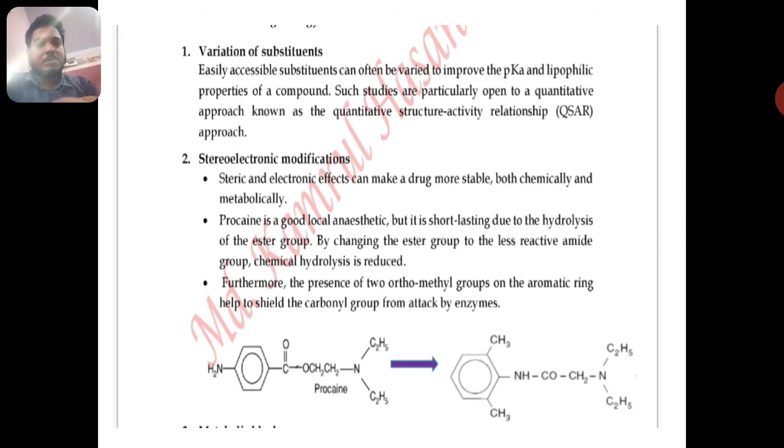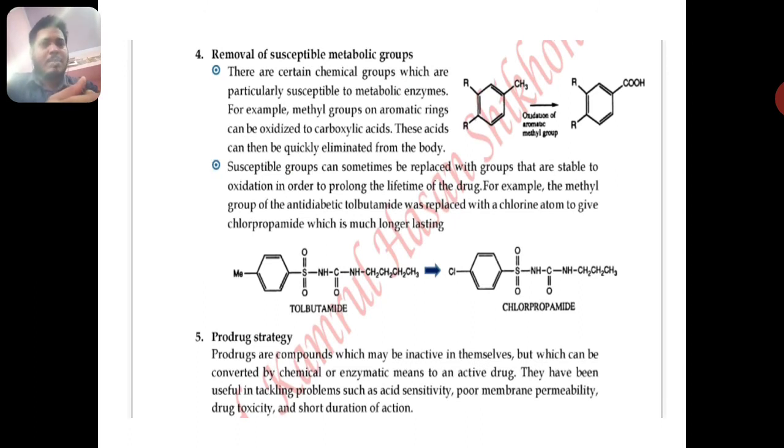Now, removal of susceptible metabolic groups. By removal of susceptible metabolic groups, we can easily improve the pharmacokinetic properties of a drug. For example, tolbutamide. In tolbutamide, the methyl group on the benzene ring can be oxidized to a carboxyl group.